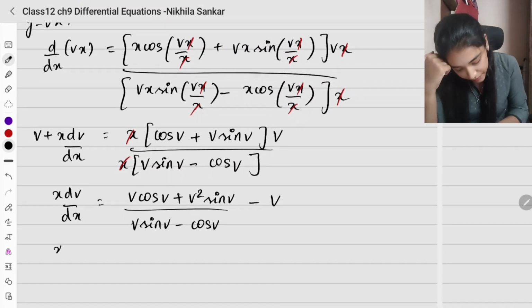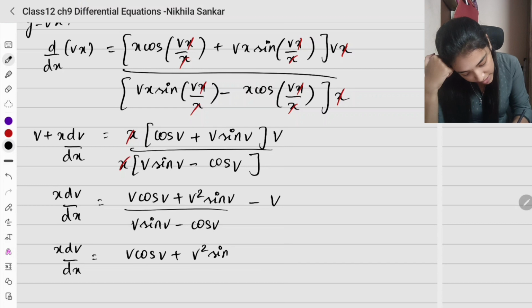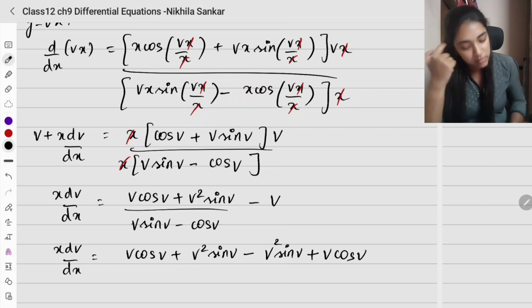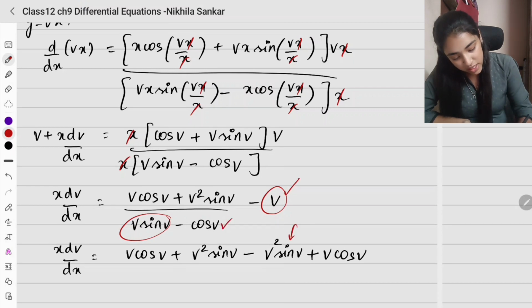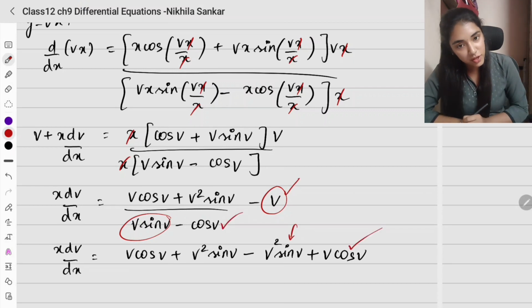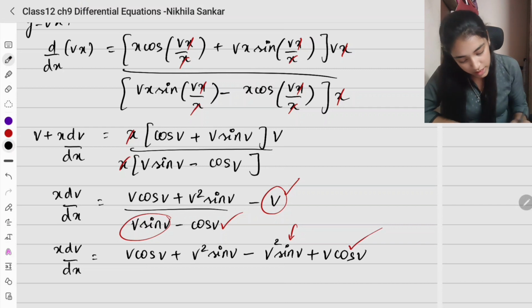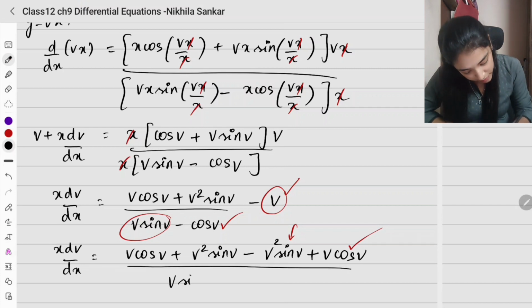Now taking LCM, x dv by dx equals v cos v plus v square sin v minus v square sin v plus v cos v. Understood? So I'm multiplying minus v times v sin v, that is minus v square sin v, minus v times minus cos v gives plus v cos v. Okay, the whole divided by v sin v minus cos v.